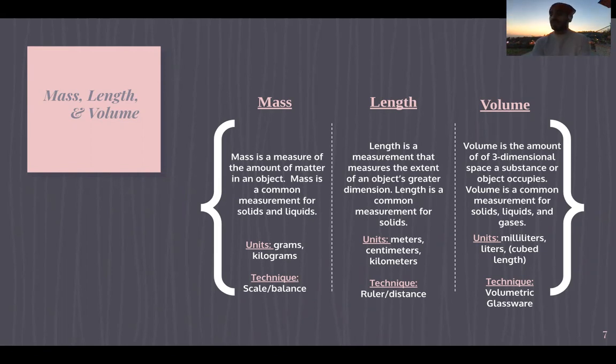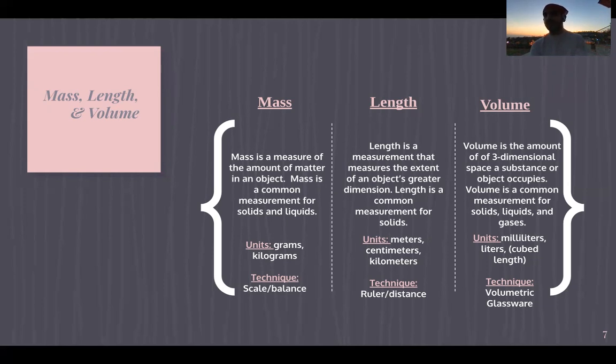Length is a measurement that measures the extent of an object's greater dimension. So length is very simple. It's in terms of distance. And we usually use meters, centimeters, or kilometers. And again, you can measure the length of something using a ruler, measuring some kind of distance as best as you can.